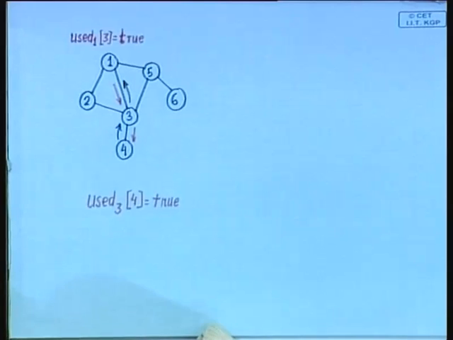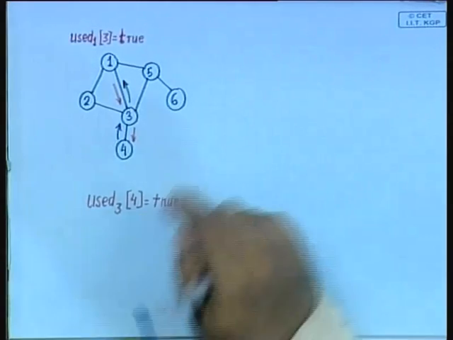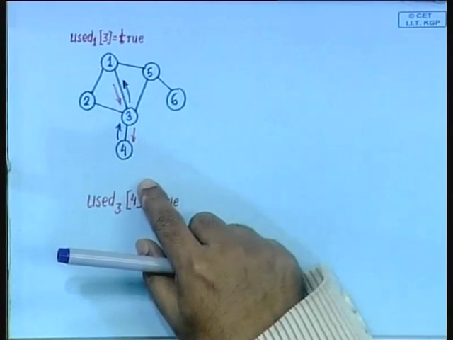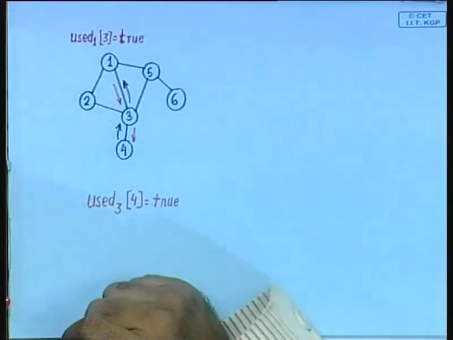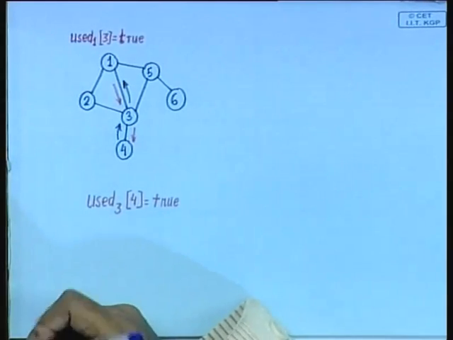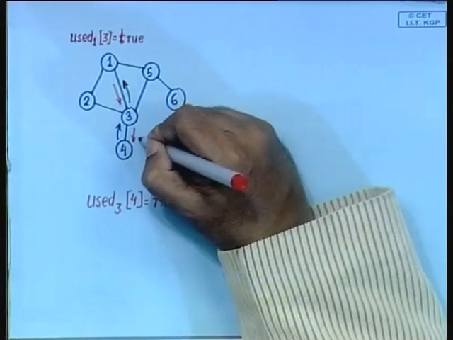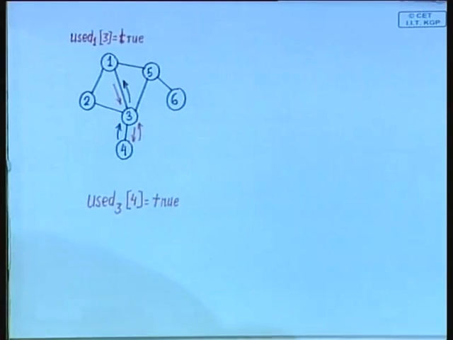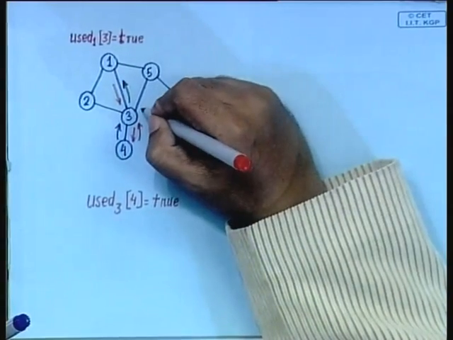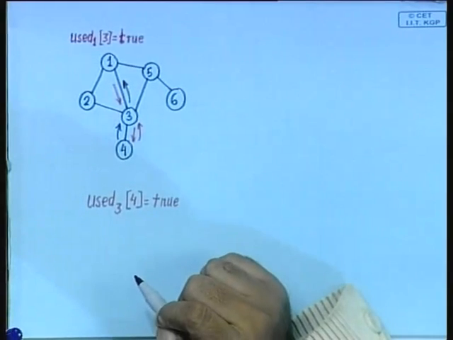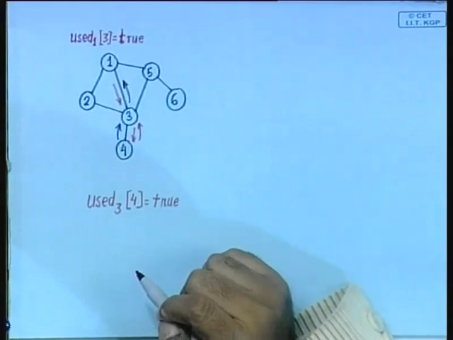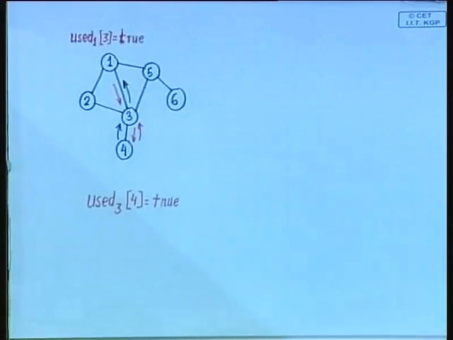Now, 4 will see that there is no other neighbor which is not used except the parent. So, it will send the token back to the parent, token will go here, right. Now, what will 3 do? 3 can forward it to some other node which is not yet visited. Okay.